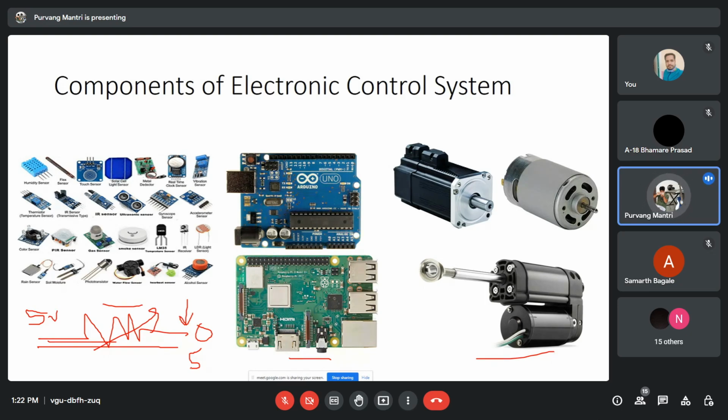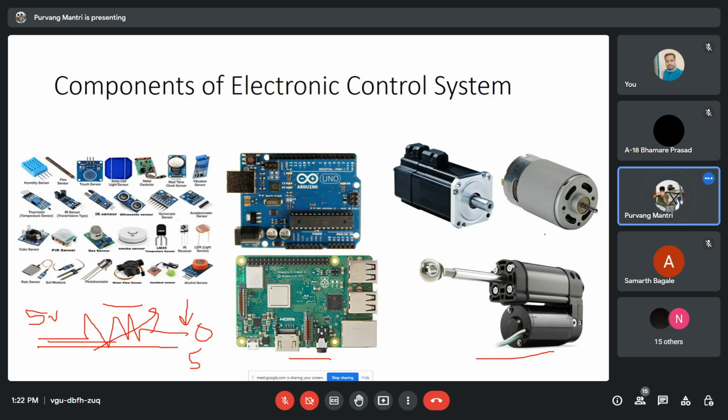We have various types of actuators: mechanical, pneumatic, and hydraulic. Based on the data of the sensor, the microcontroller decides the output or the signals for the actuator. For a certain value of input, it will provide a certain output.